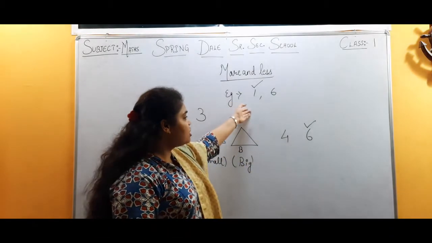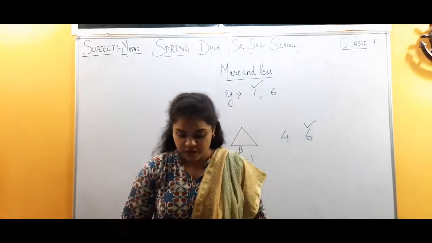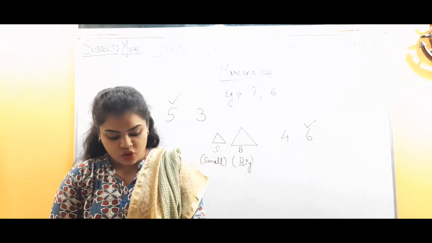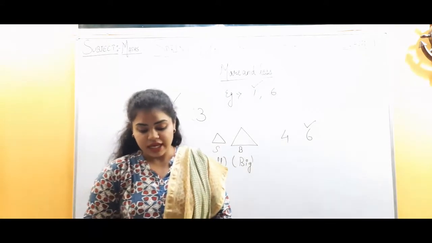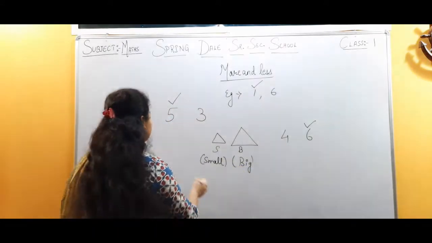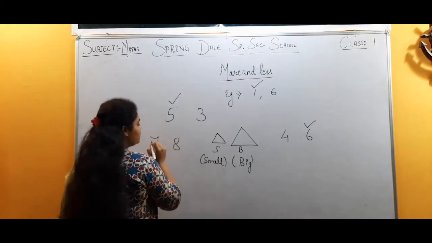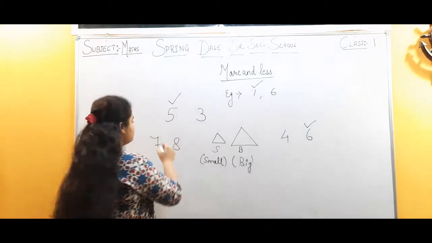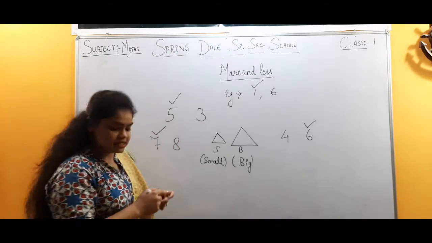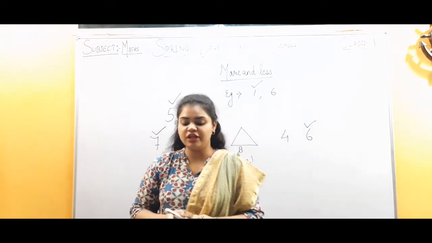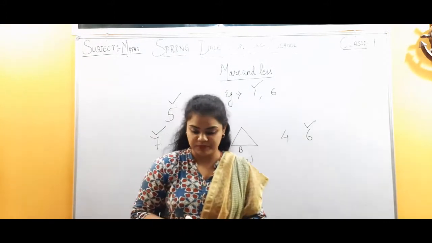Here the 1 is smaller, so we take the 1. So in the fourth question, A part, we have 7 and 8. Which one is smaller? The number 7. We will take the 7. Now children, you have to do the rest, B and C parts.